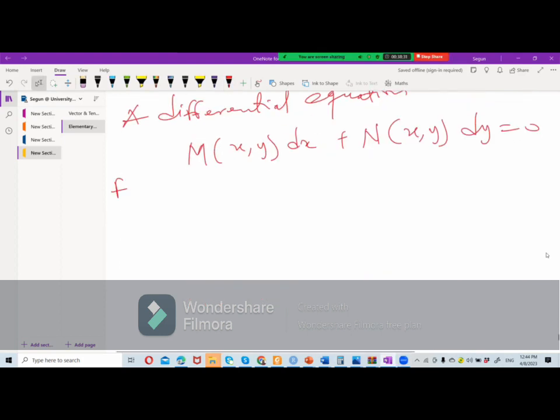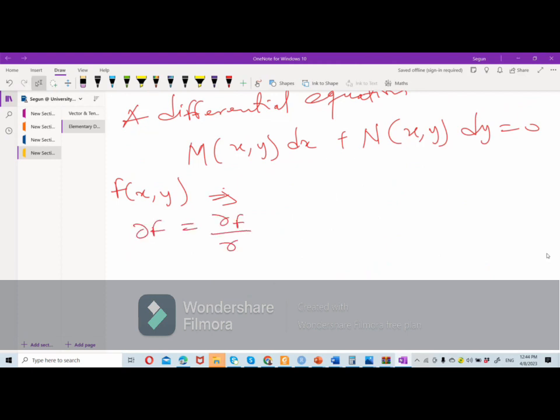We have f of x comma y, which implies that df will be equal to the partial of f with respect to x dx plus the partial of f with respect to y dy.